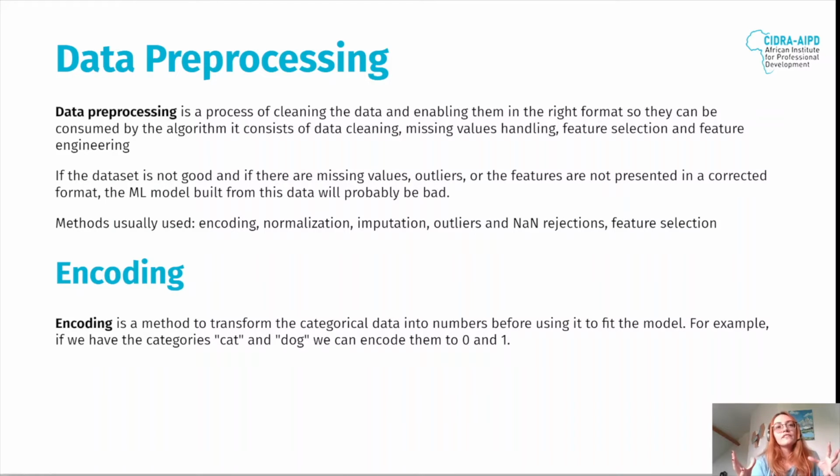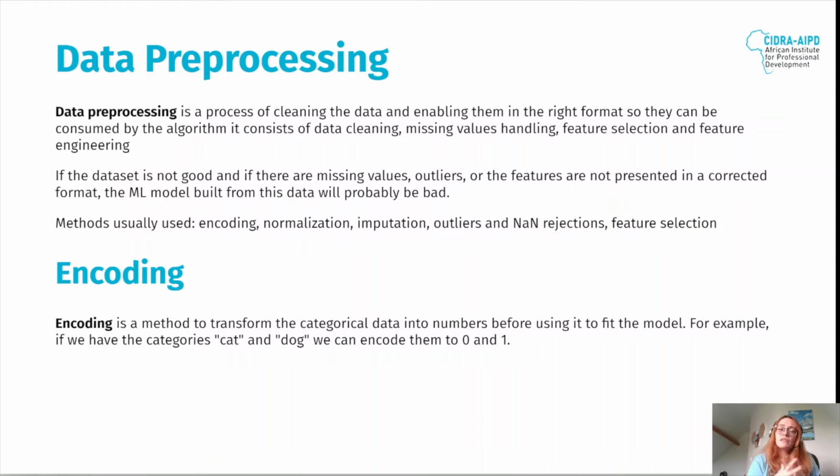If the data set is not good and if there are missing values, outliers, or the features are not presented in the correct format, the ML model that you're going to build from this data will probably be bad. So there are some methods that we use in this pre-processing part, called encoding, normalization, imputation, outliers and NA (not a number) rejections, and feature selection.